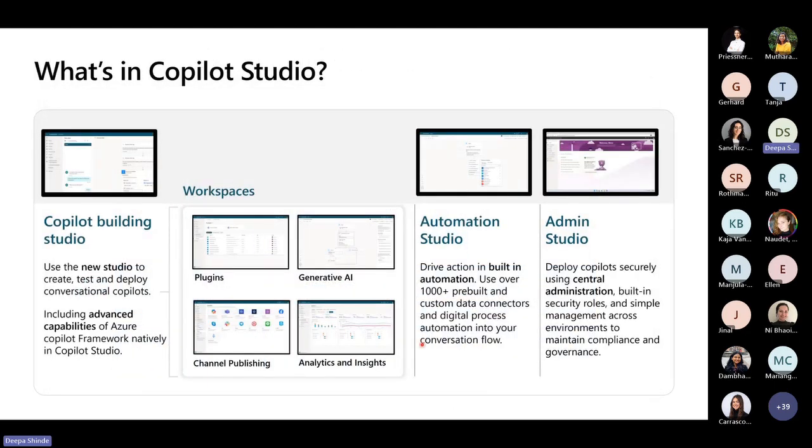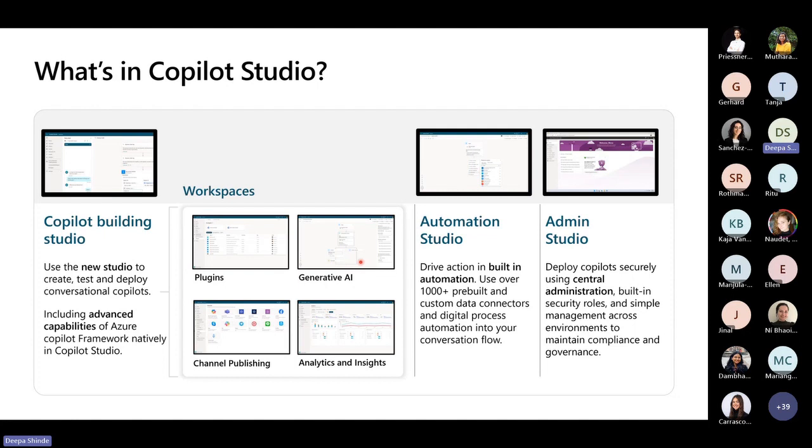So what does Copilot Studio have? I'm not going to talk about this part because I don't think it is relevant for the day of the hack. What I'm going to focus on is this. Copilot Studio has generative AI features, which means it uses a large language model in the backend, especially GPT 3.5, to help you ask questions over a website, let's say a public website, or a SharePoint site that has lots of organization-specific documentation.